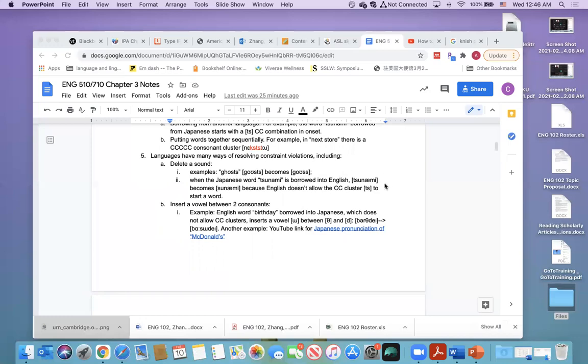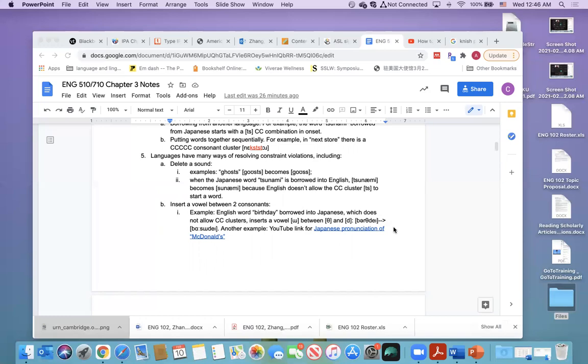And when the Japanese word, for example, tsunami, is borrowed into English because the ts cluster is not possible in native English language, usually speakers of the language would drop the initial consonant and only leave sunami instead of pronouncing it as tsunami, which is very difficult for the native speaker of the language.